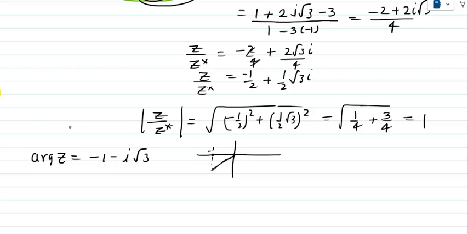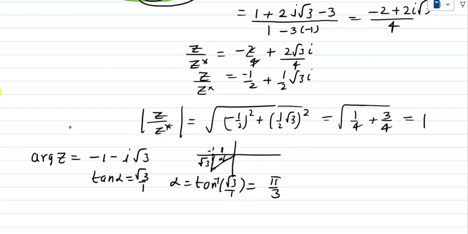So we are in the third quadrant. If this is alpha, and this is 1, and this is root 3, then tan alpha equals root 3 over 1, and it means alpha equals tan inverse root 3 over 1. Once you put this value in a calculator, you can say it is pi over 3, right?